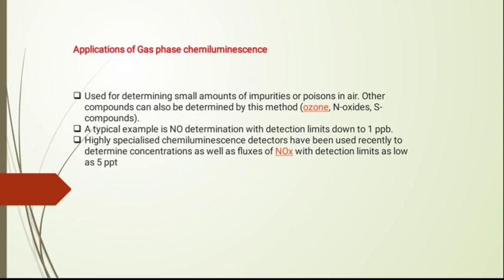The second application of this technique is, a typical example, NO determination with detection limits down to 1 part per billion, and this technique is highly specific for the chemiluminescence detectors, which are used for detection at 5 parts per thousand, and NO or NOx can be determined very accurately.